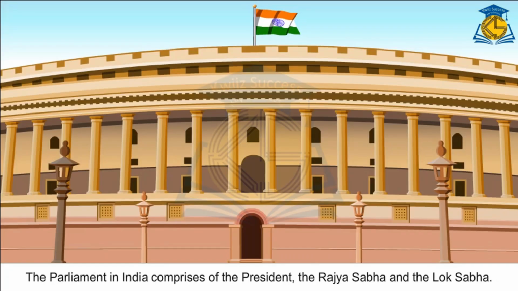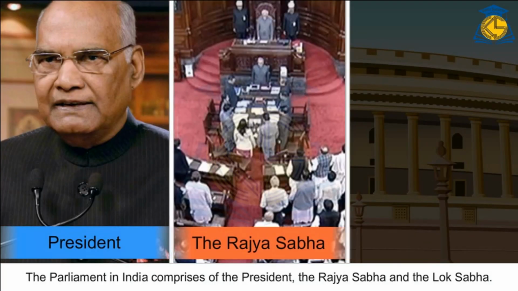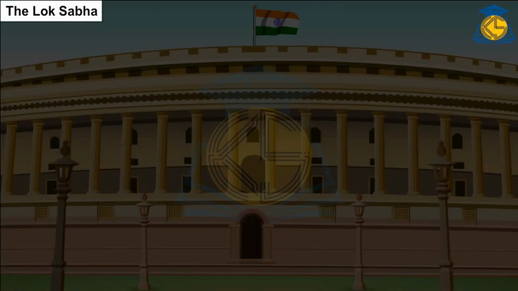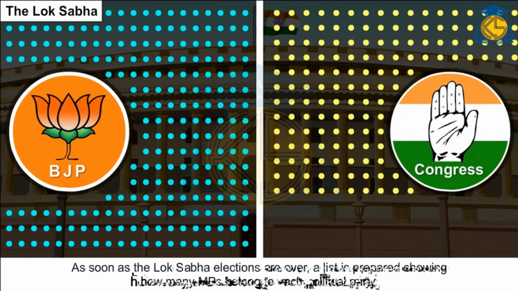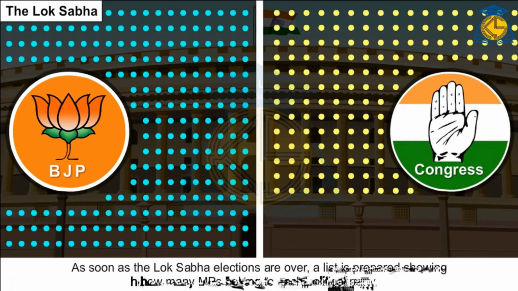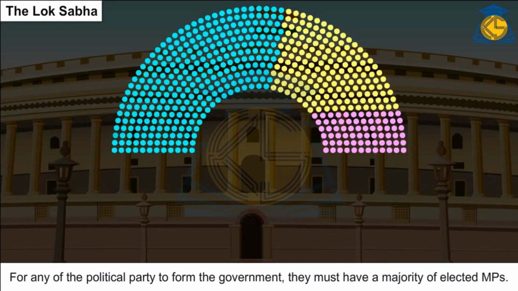The Parliament in India comprises of the President, the Rajya Sabha and the Lok Sabha. The Lok Sabha. As soon as the Lok Sabha elections are over, a list is prepared showing how many MPs belong to each political party.